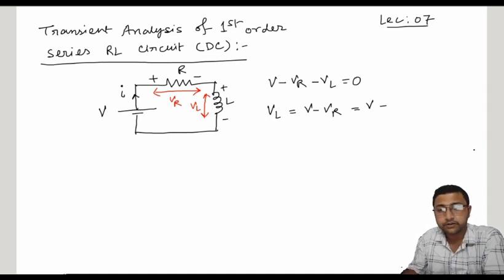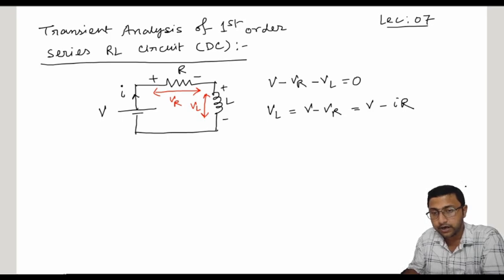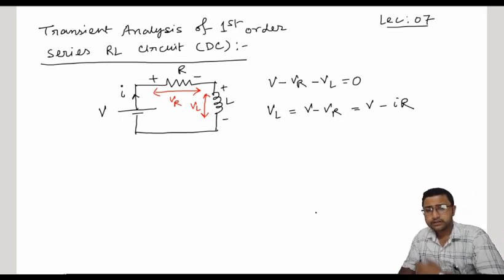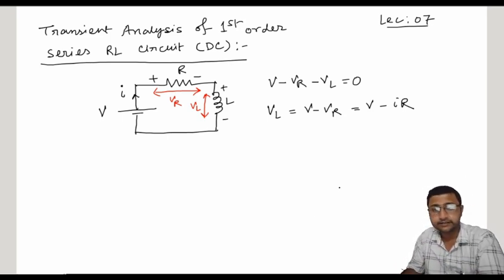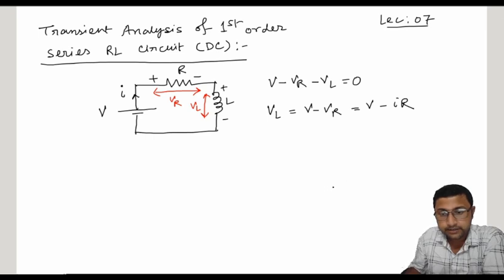It is the voltage across the resistance, simply the current times resistance as per Ohm's law. So V minus I into R. Now the voltage across the inductance can be written as VL is equal to L di dt, which is equal to V minus IR.